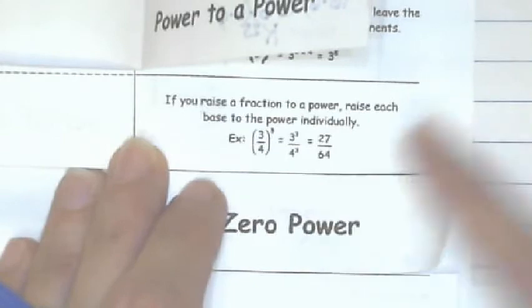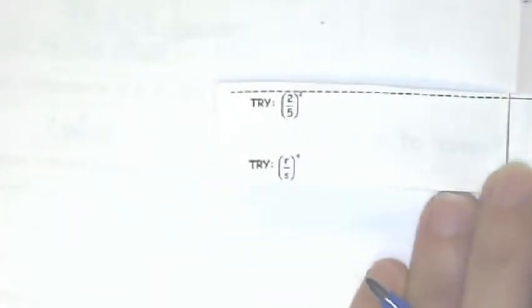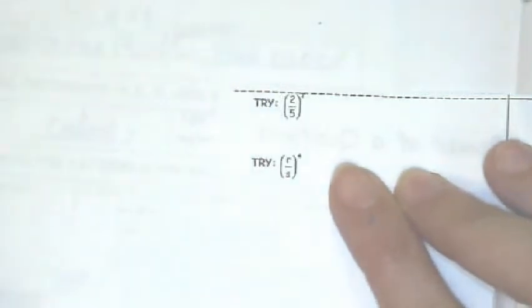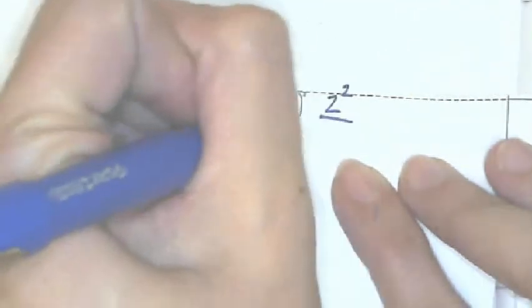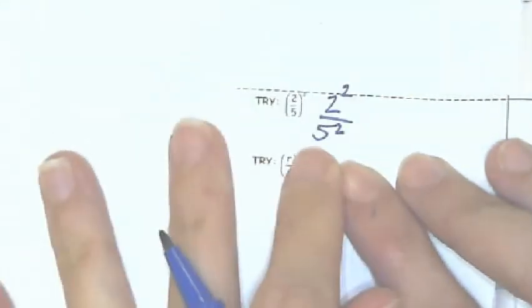So over here, we're going to try another one, and again, this is power of a quotient. We have 2/5 raised to the second power, or squared. All I have to do is raise the top, 2, to the second power, and then raise 5 to the second power on the bottom.